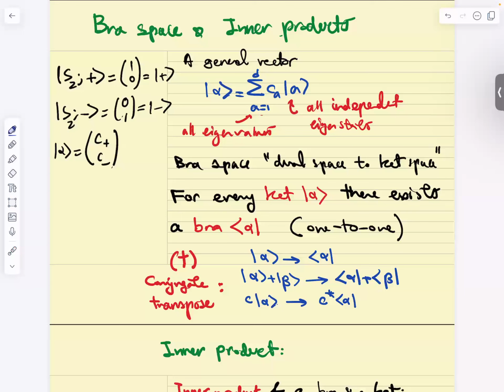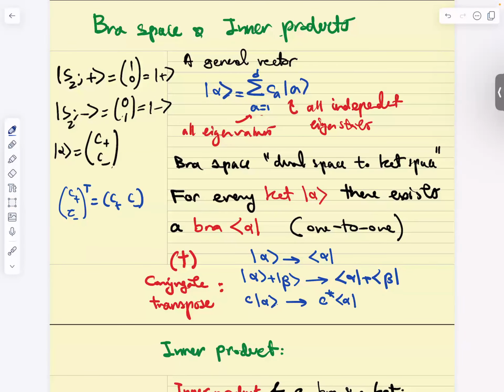Let me tell you in advance before making it mysterious. If these were real vectors, the operation would have been transpose, so this becomes c plus, c minus.